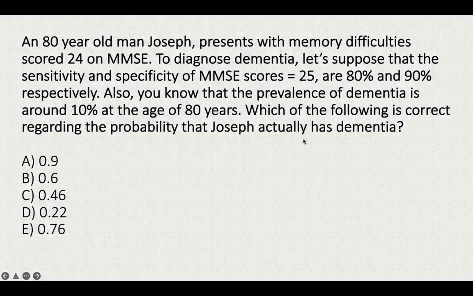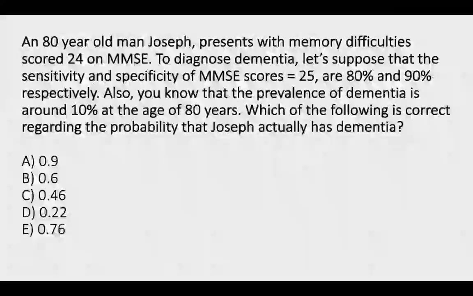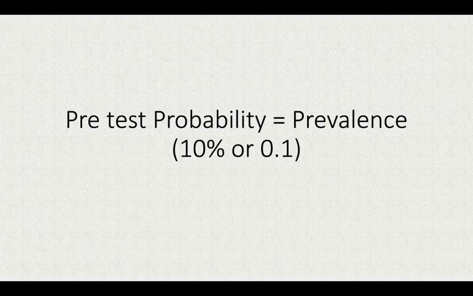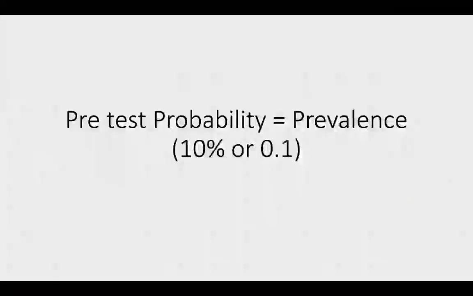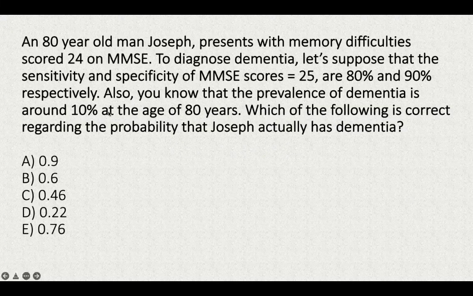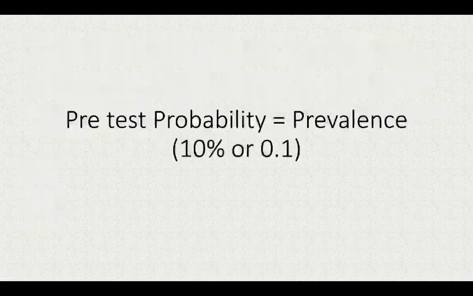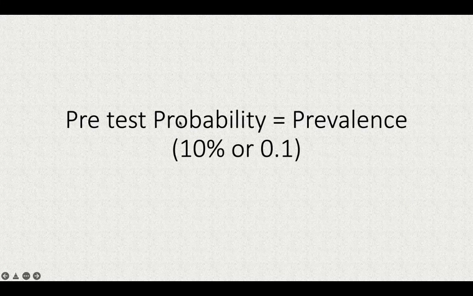But after applying the test, what is the probability? That means they are asking about the post-test probability. To solve this question, we discussed that pre-test probability is equal to prevalence. Prevalence here is 10%, and if you remove the percentage, it would be 0.1. So this is your pre-test probability.